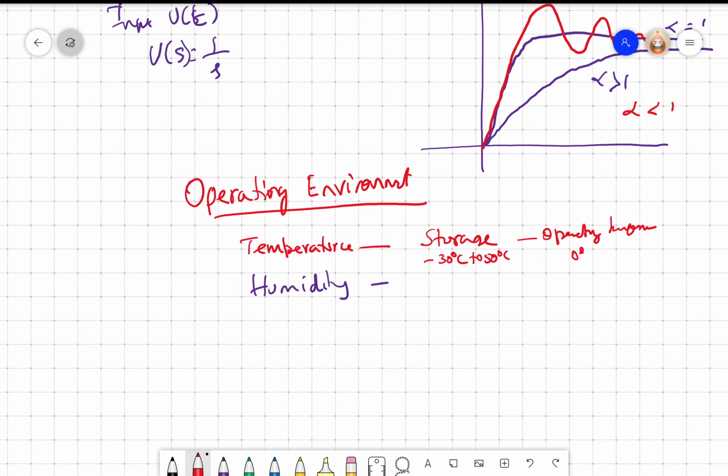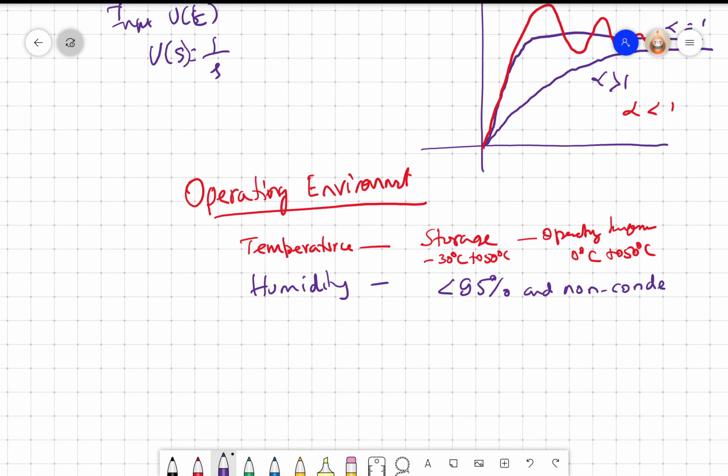Operating temperature is 0 degrees centigrade to 50 degrees centigrade. I am giving a very typical value. It varies from transducer to transducer. And again humidity, up to 95%. So the humidity specification could be less than 95%, and sometimes they also add non-condensing.